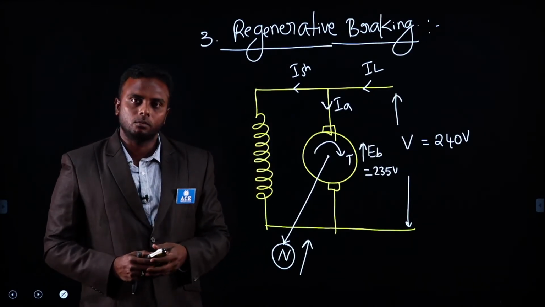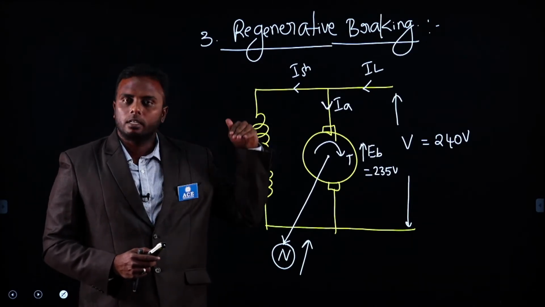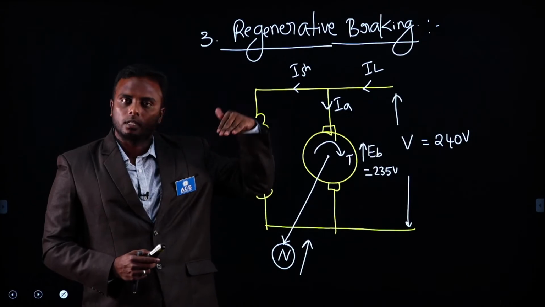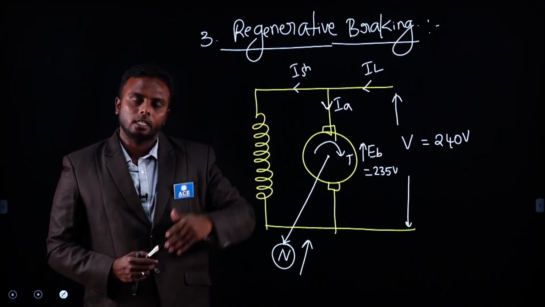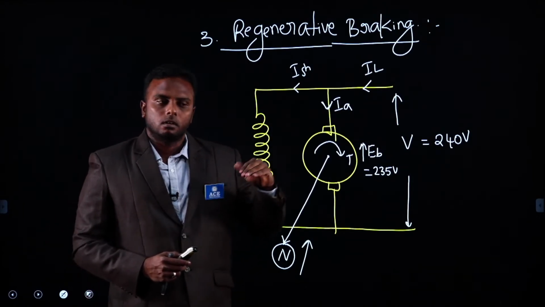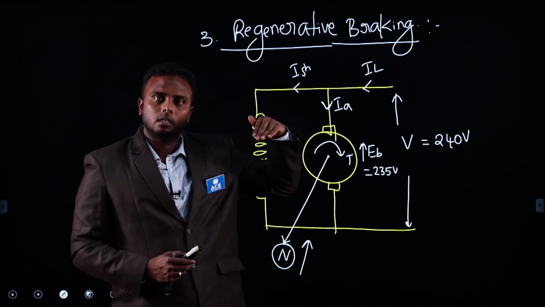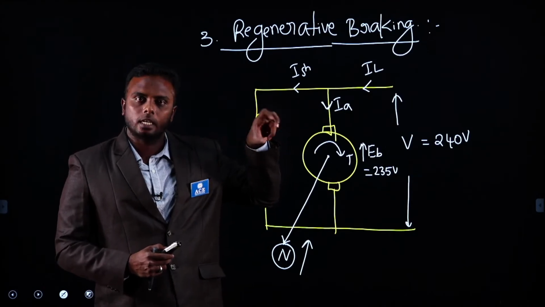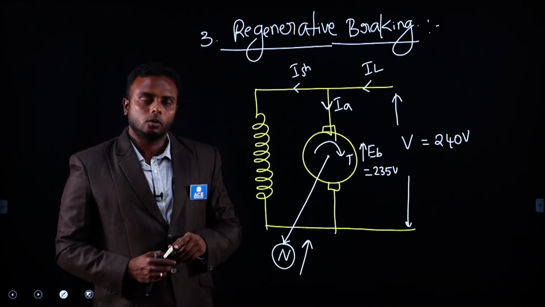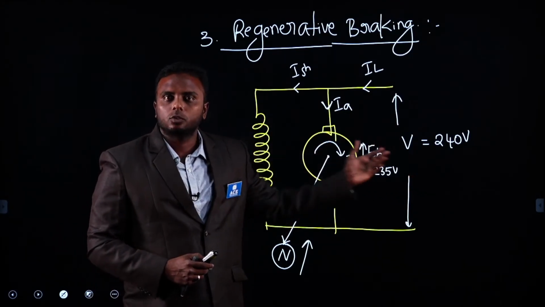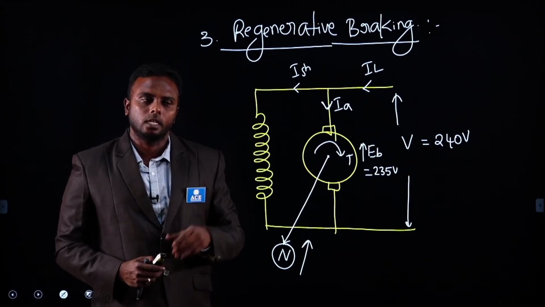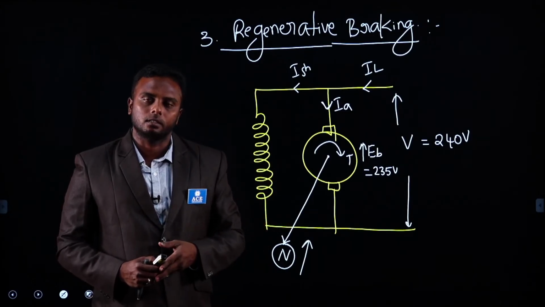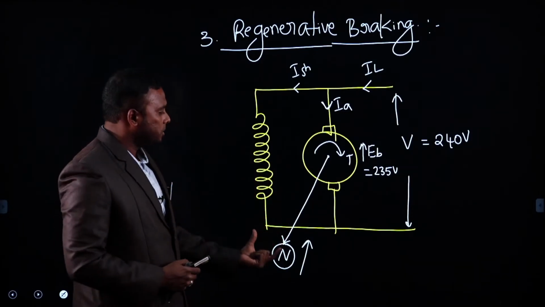Or take another example: trains traveling downhill. During the downward motion, due to the position of the load, the train or any rotating wheels can move at high speeds. With respect to supply it should move at, say, 1000 rpm, but it moves faster, say 1100 or 1150 rpm.